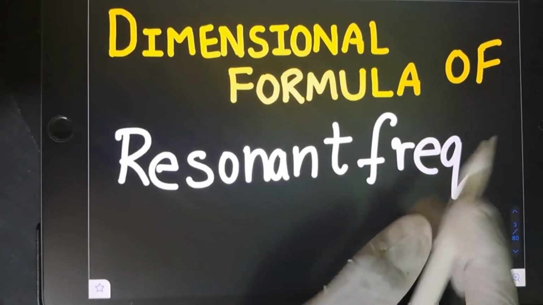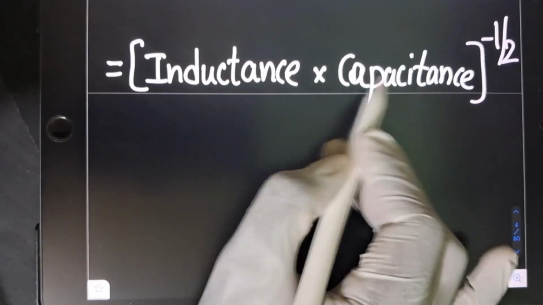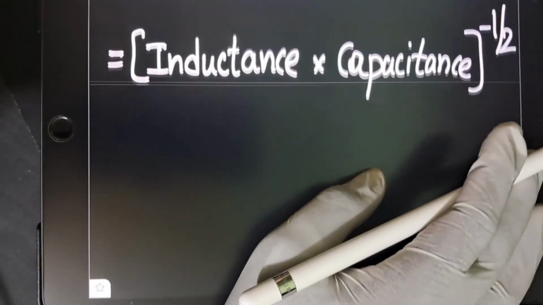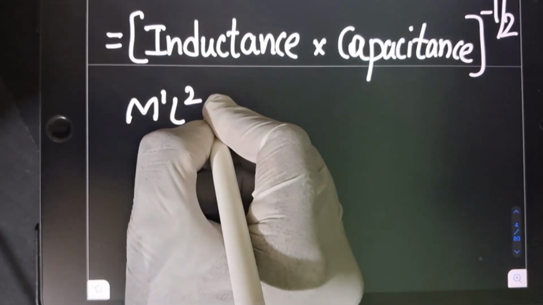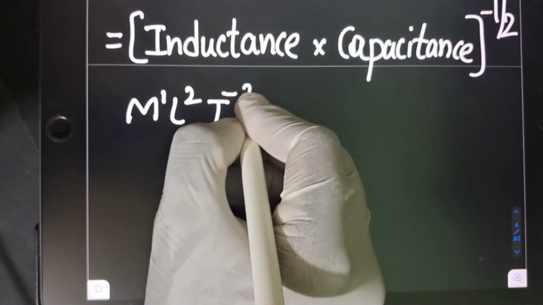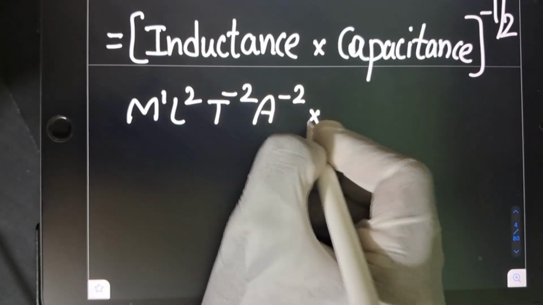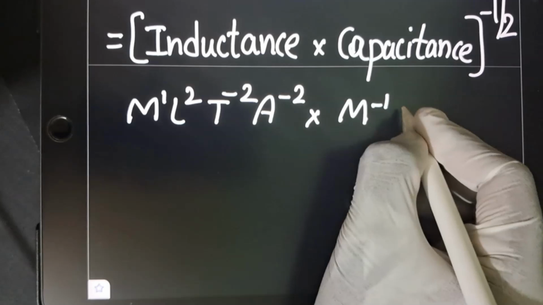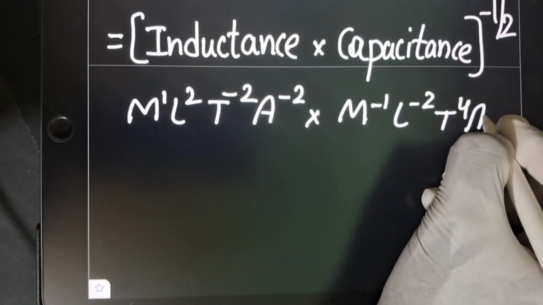To find dimensional formula of resonant frequency, the formula is inductance into capacitance, whole power minus 1 by 2. Inductance formula is M power 1, L power 2, T power minus 2 and A power minus 2, into capacitance M power minus 1, L power minus 2, T power 4 and A power 2.